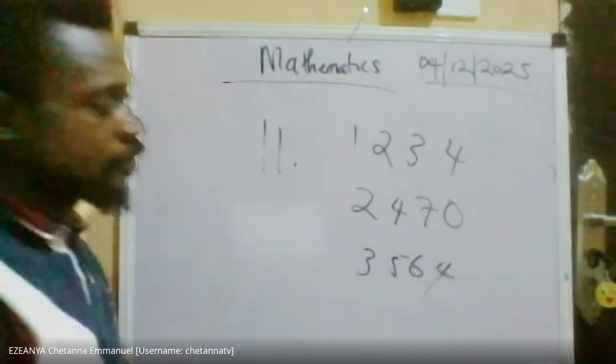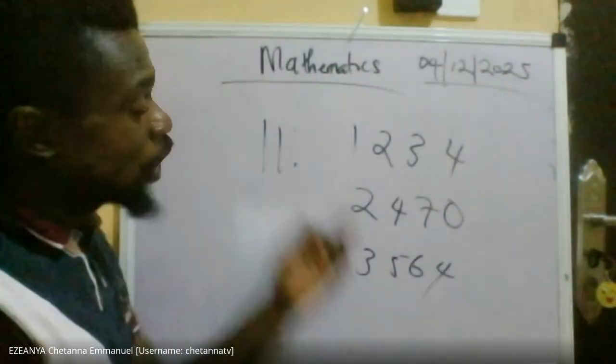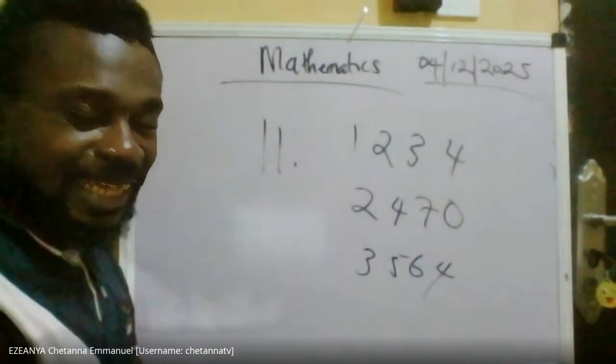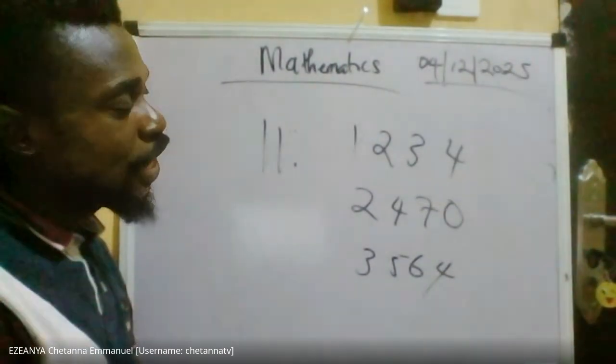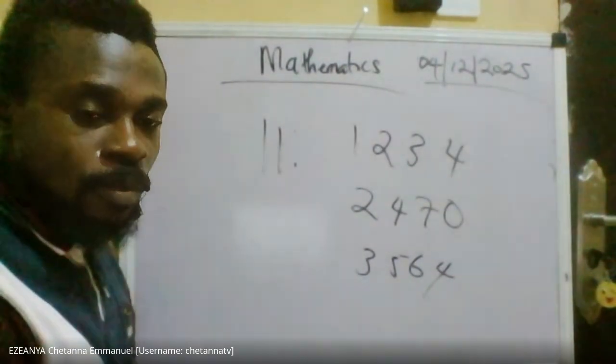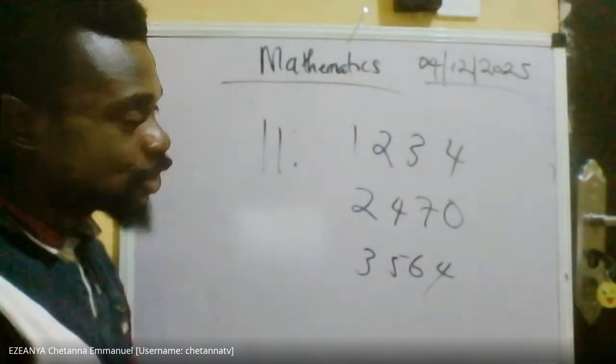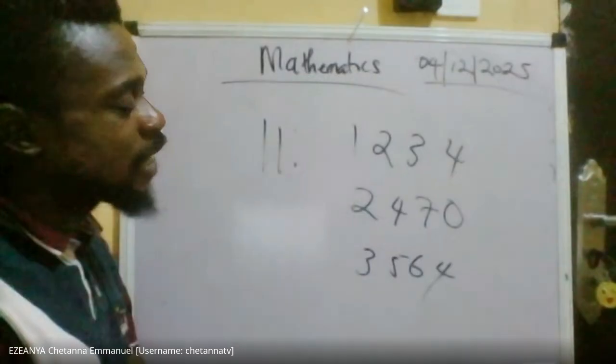3,564. In each of these numbers, I want you to tell me which digits are in odd position and which are in even position. Let's start from 1,234.